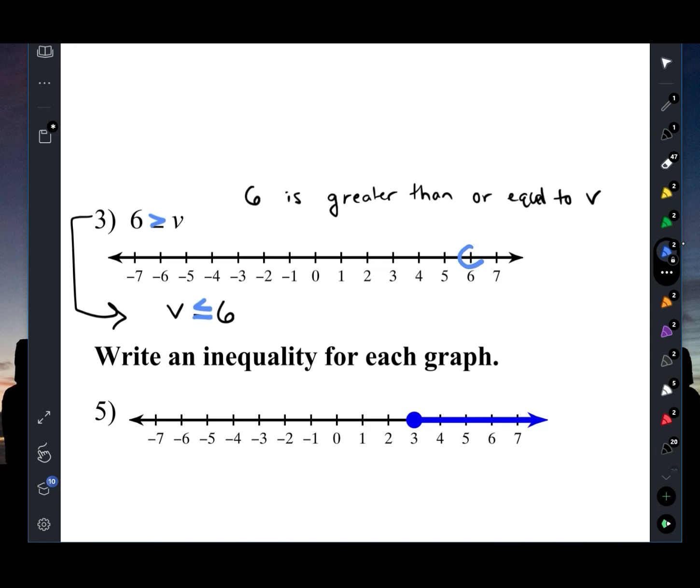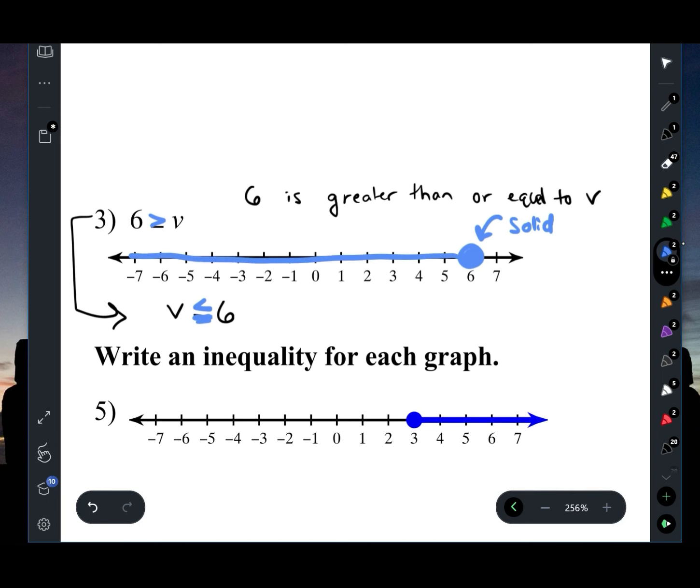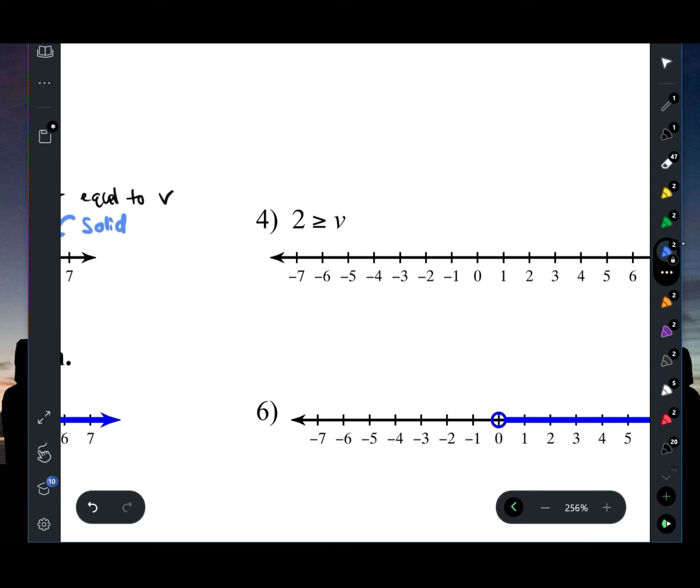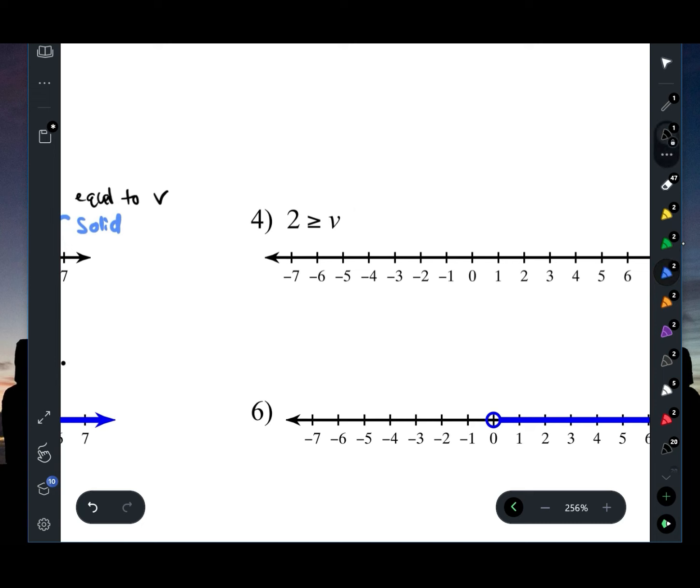6. So we're going to highlight and use a solid circle this time. Solid because of the equal to. And this time we're going to say everything to the left, so everything less than 6. It can be tricky if you do not catch that and rewrite it. So it's helpful to rewrite so the variable's on the left. Once again, 2 is greater than or equal to v.